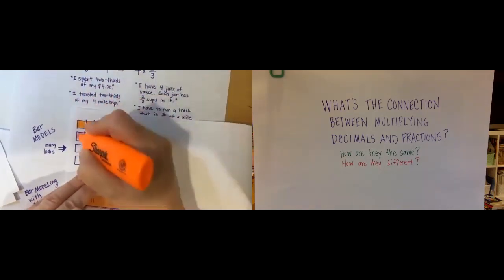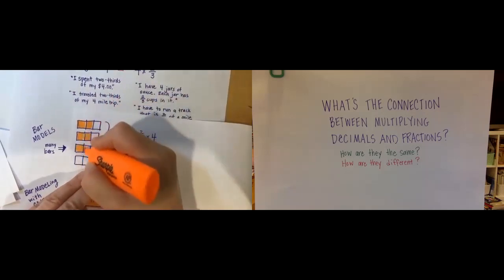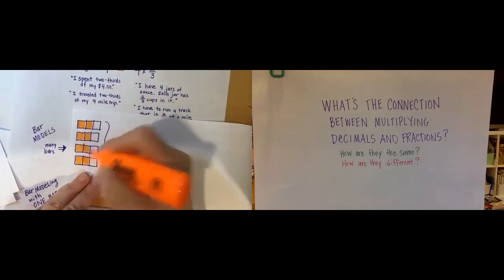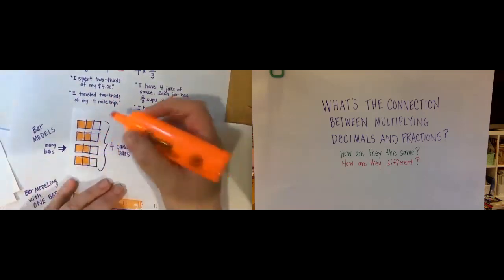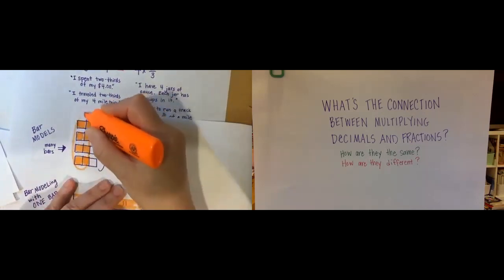Here's 2/3 of a Kit Kat, here's 2/3 of my Snickers, here's 2/3 of my Twix, and here's 2/3 of my, I don't know, Almond Joy. Anyway, my friend ate 2/3 of all of the candy bars that I had.